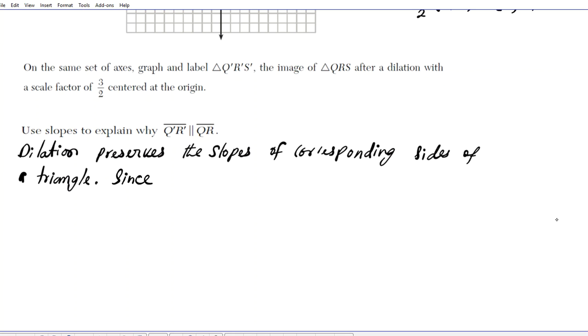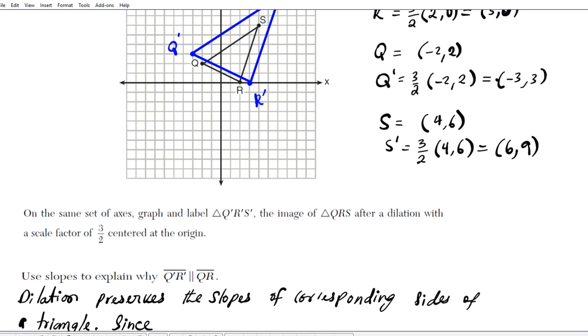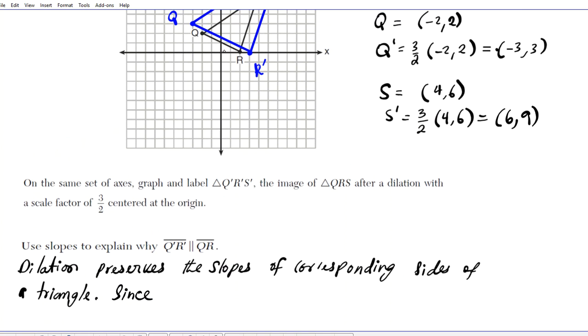Since we have two sides that are corresponding, QR corresponds with Q prime R prime.